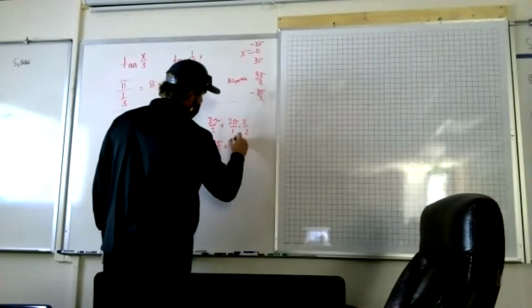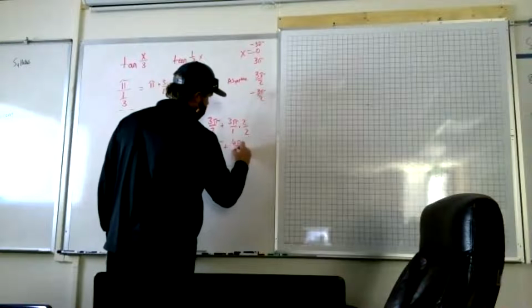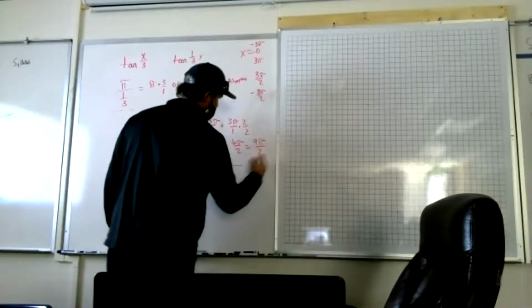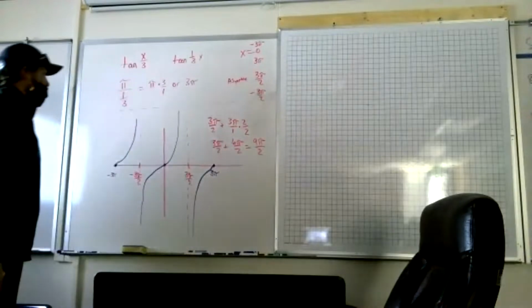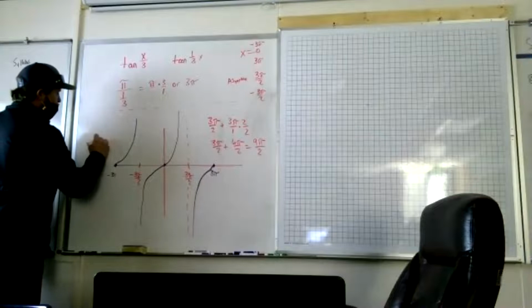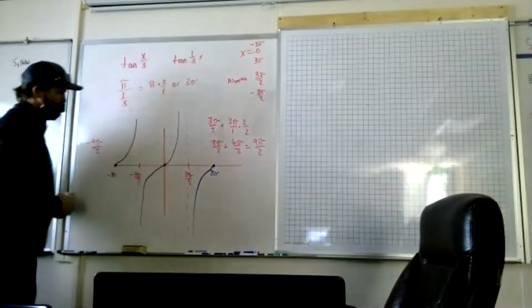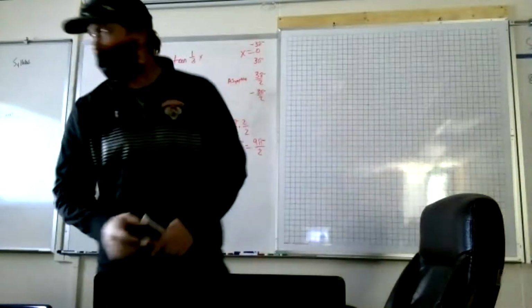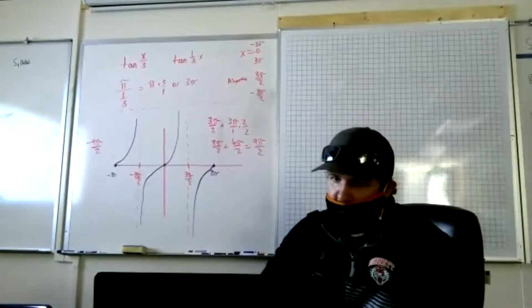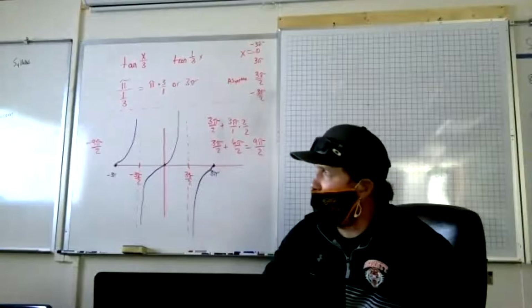So 3 pi over 2 plus 6 pi over 2 is equal to 9 pi over 2. And then the same thing would happen on the negative side, but I would end up at negative 9 pi over 2. So that's how they found the location of these other asymptotes.